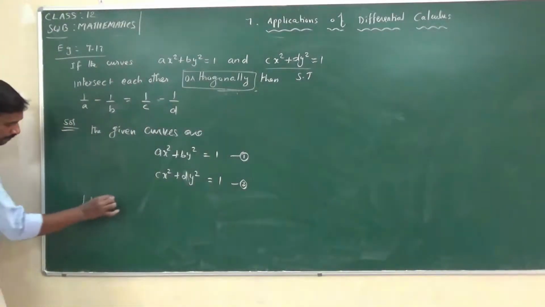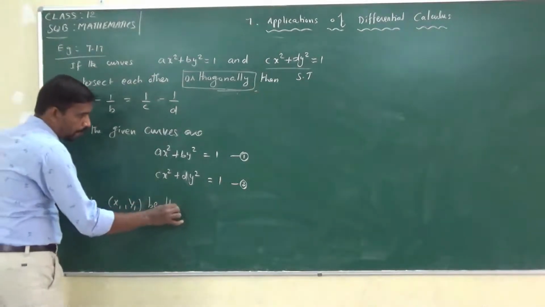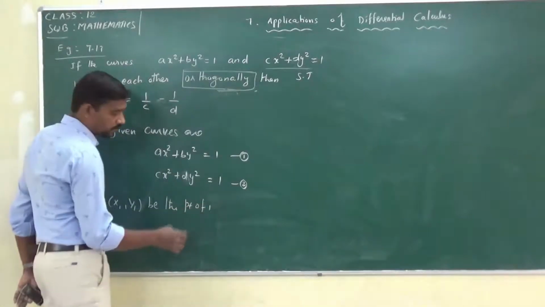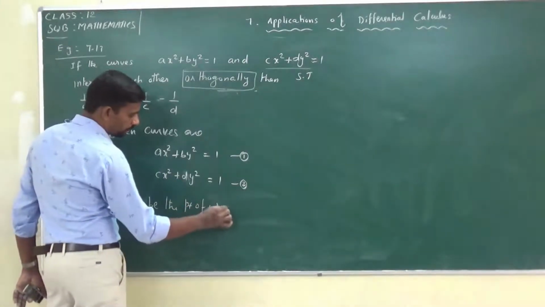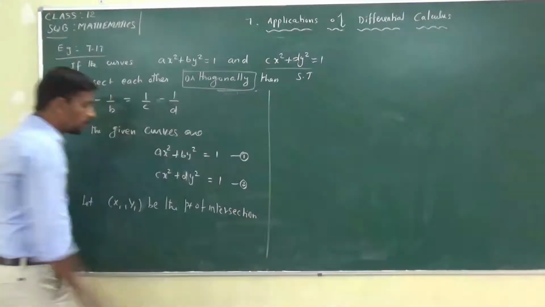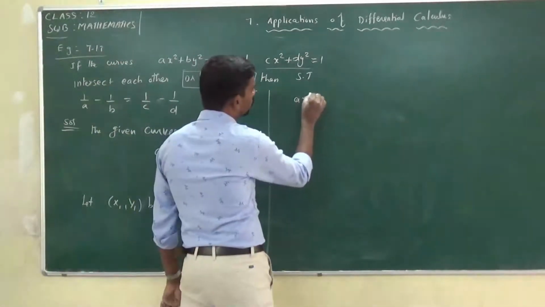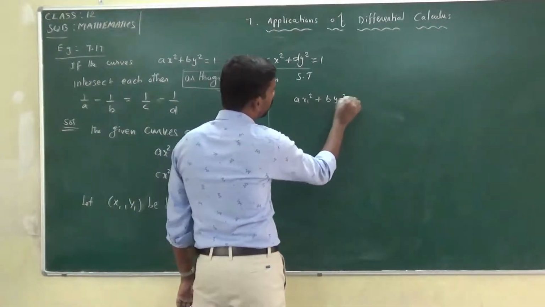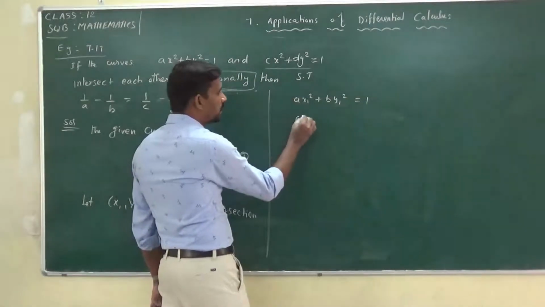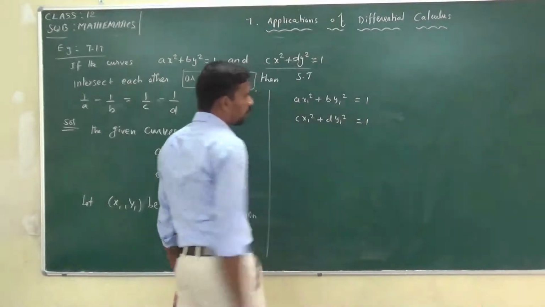Next, let P(x1, y1) be the point of intersection. So the equations will come like this: a x1 square plus b y1 square is equal to 1, and c x1 square plus d y1 square is equal to 1.